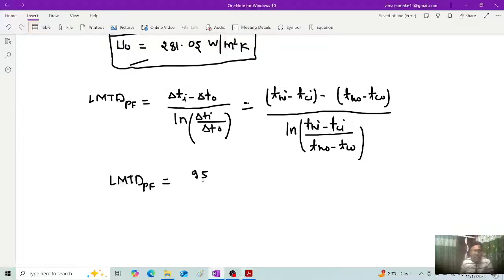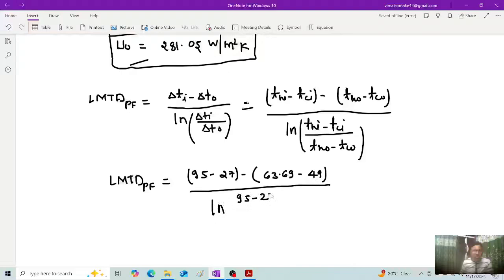Thi is 95, Tci is 27 minus Tho is 63.69, Tco is 49 divided by log of 95 minus 27 divided by 63.69 minus 49.